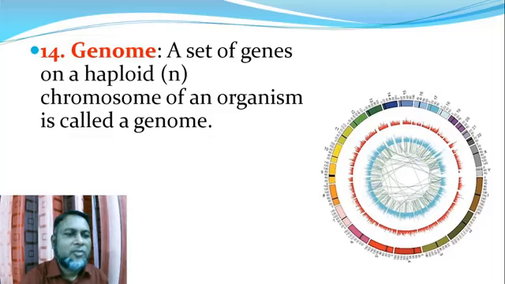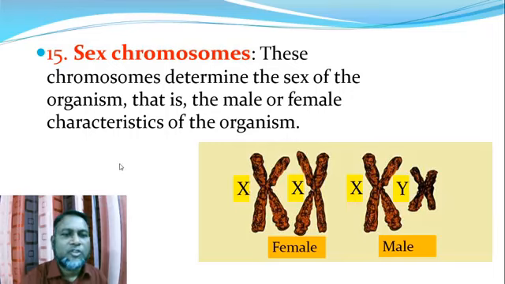Now we explain genome. A set of genes on a haploid set of chromosomes of an organism is called a genome. Total genes that remain in a haploid set of chromosomes are called the genome. Sex chromosomes are chromosomes that determine the sex of the organism, that is, the male or female characteristics.